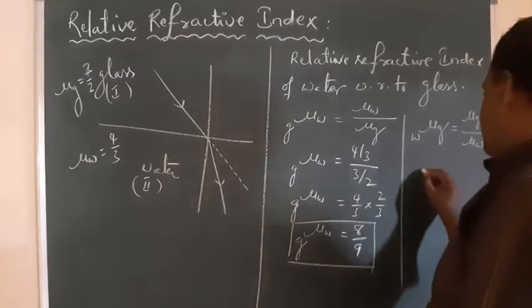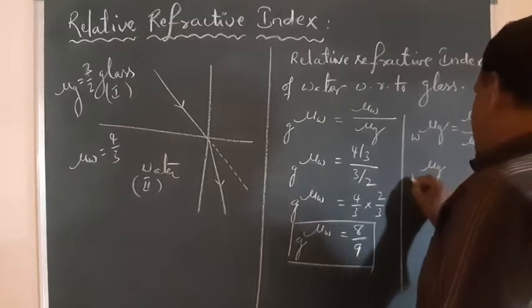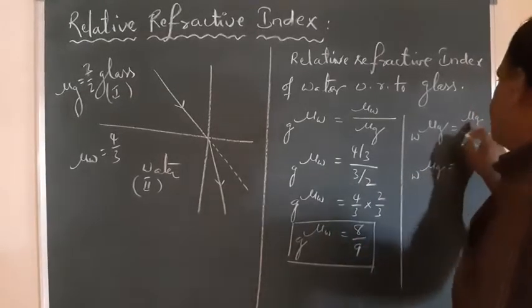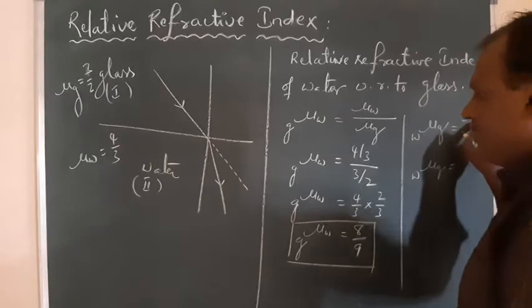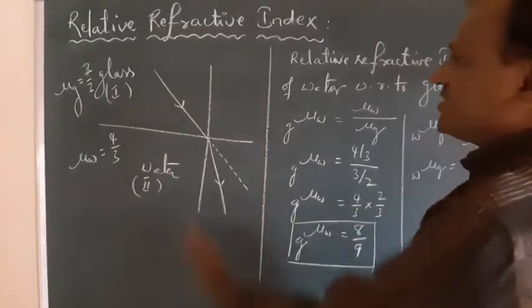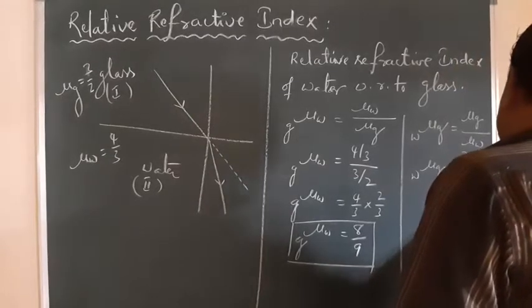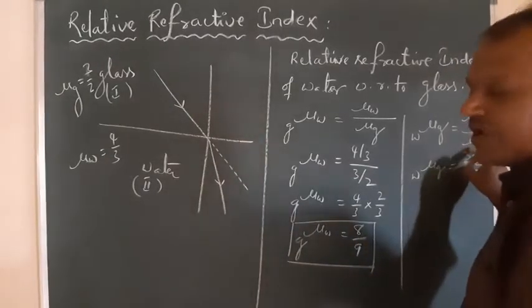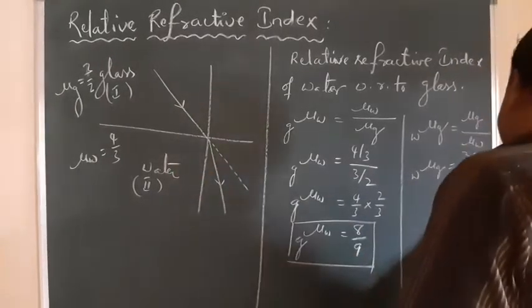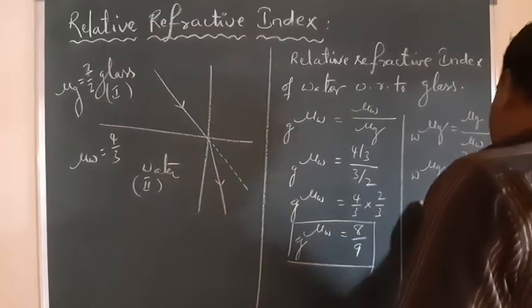Again, you can write μ_GW is equal to the absolute refractive index of glass, which is 3/2, divided by the absolute refractive index of water, which is 4/3. Then what do you get?